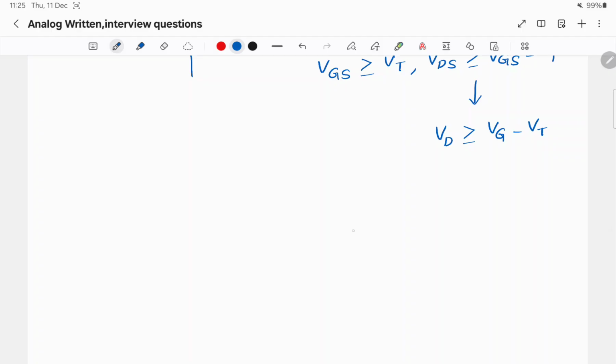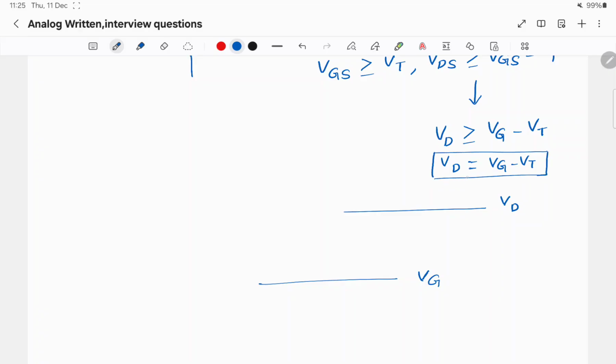Let us say I have drain potential VD and gate potential VG. The lower limit is VD equals VG minus VT. It can go above this, but the lower limit is VG minus VT.